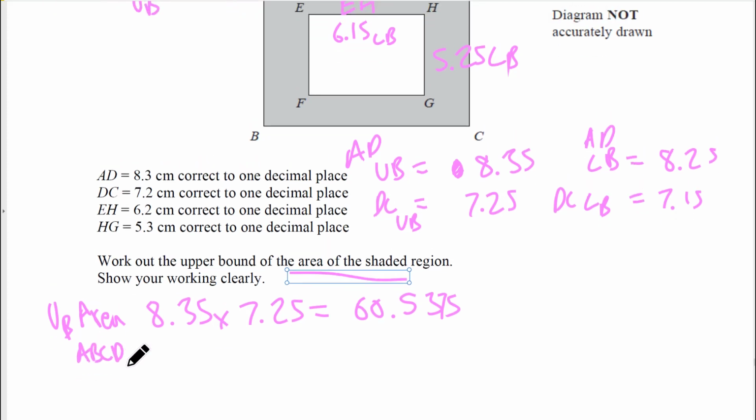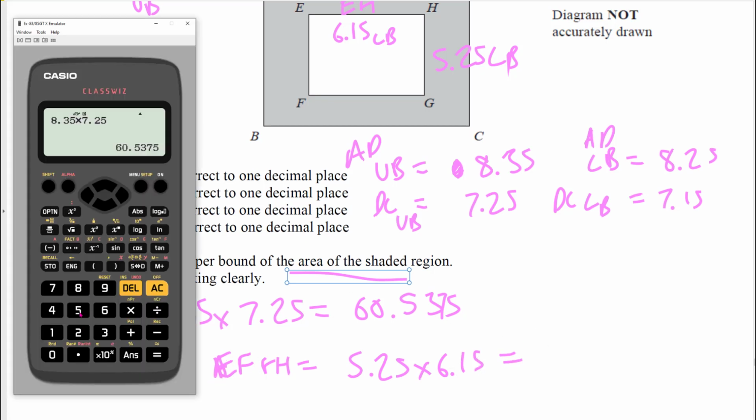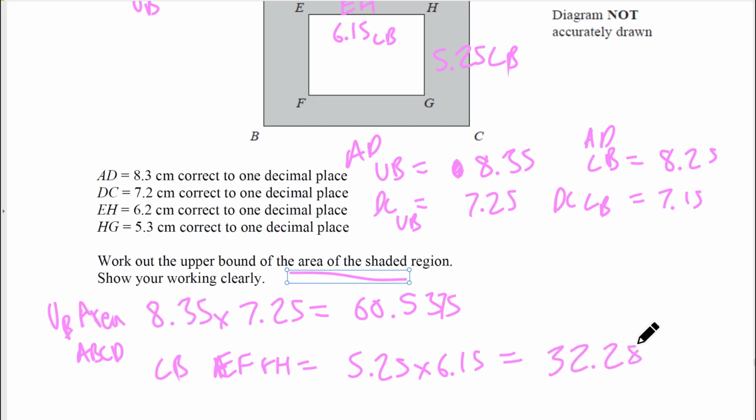Now we want the lower bound of EFGH, which is going to be our lower bounds, 5.25 times 6.15. That's 32.2875.